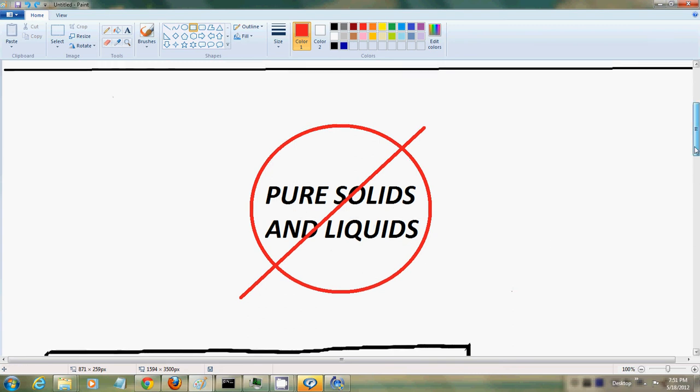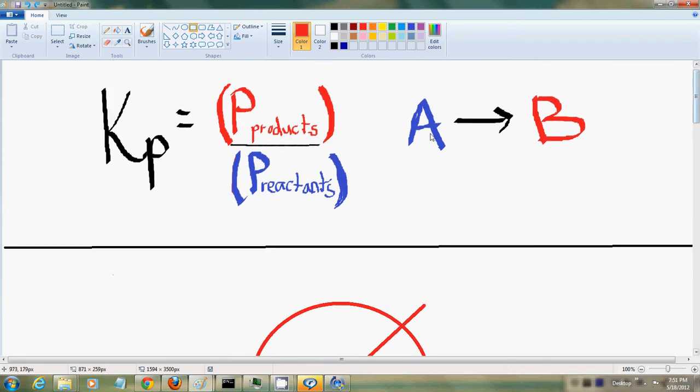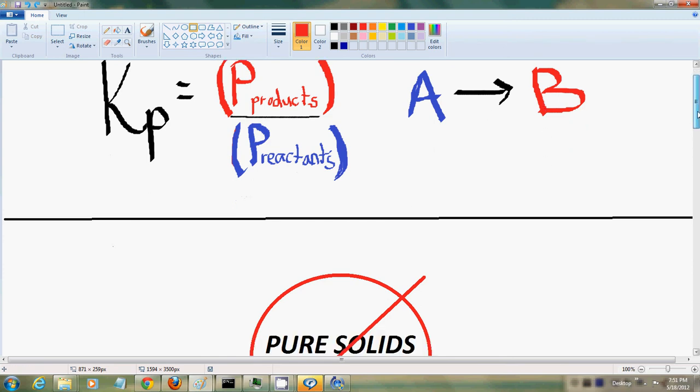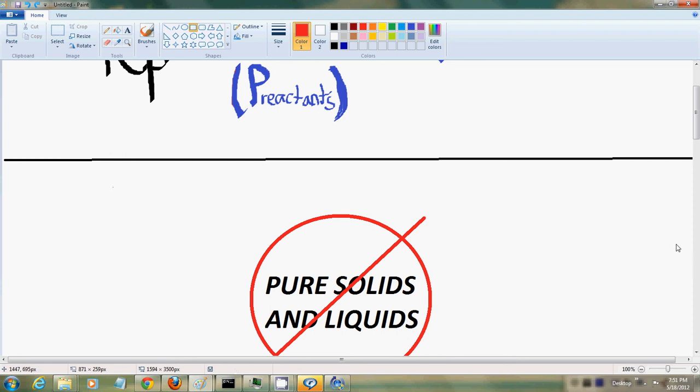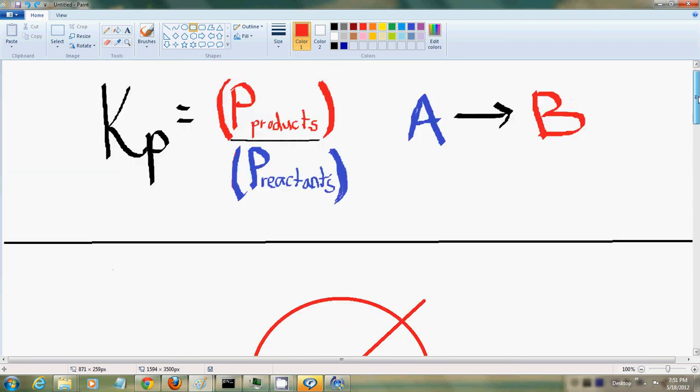What I mean by this is, let's say you have this same reaction, A yields B. Let's say it's solid A yields gaseous B. Well, we said never include pure solids and liquids. So, if A is solid and B is gaseous, then when writing your Kp expression, you would not include your reactant A, so your Kp expression would simply read Kp equals the partial pressure of B, and that would be it.